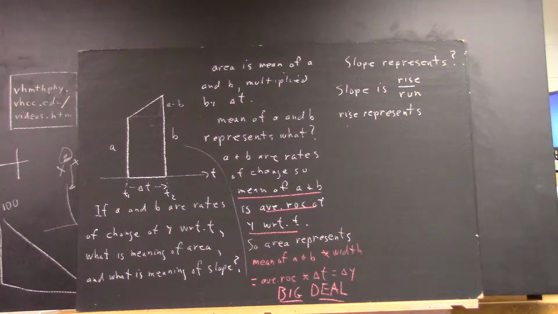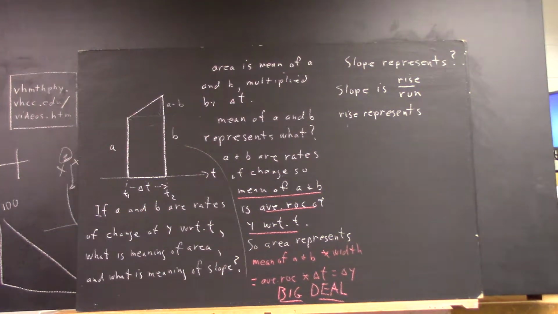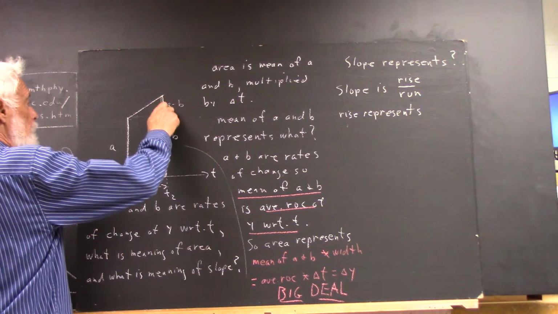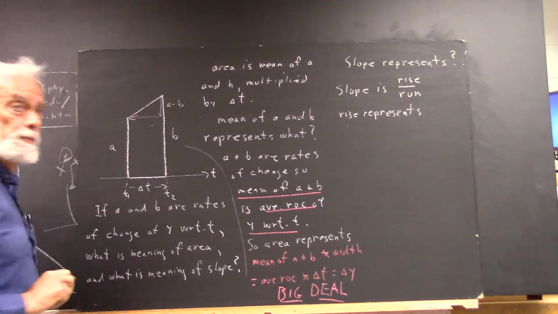Everybody write it down. What's the run, if this is T1 and this is T2, and the rise is A minus B, so that again we are following the path in this direction from this point to this point?